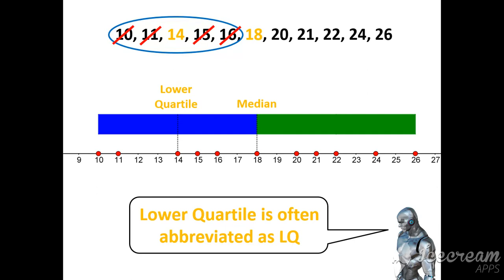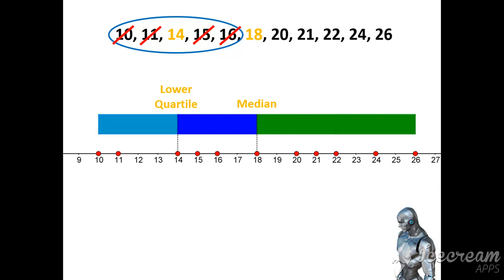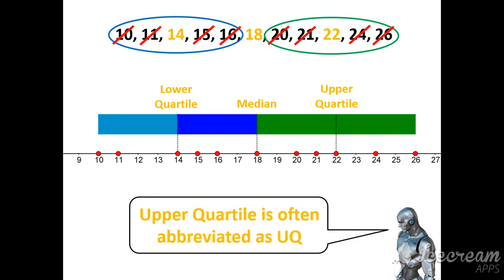Now we can turn our attention to the data above the median, to the right of 18, and find the middle of that set of data. One off bottom, one off top, one off bottom, one off top. There's the middle number, 22. This has a name called the upper quartile, often abbreviated as UQ. LQ for lower quartile, UQ for upper quartile.